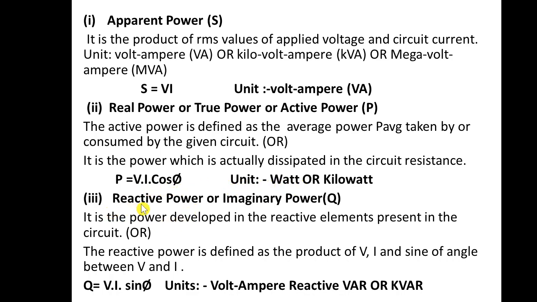And reactive power is denoted by Q, and Q is equal to VI sine of phi, and the unit is volt ampere reactive. These definitions are important because many times they are asked in exams, so you have to prepare the definitions with formulae and with units also.